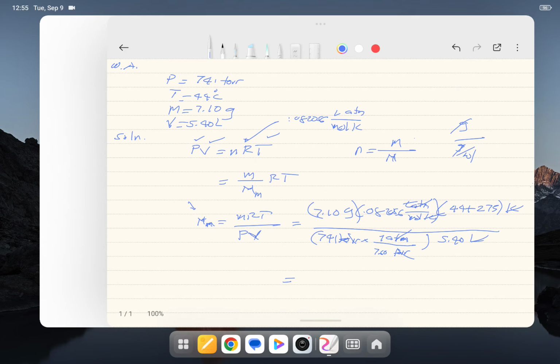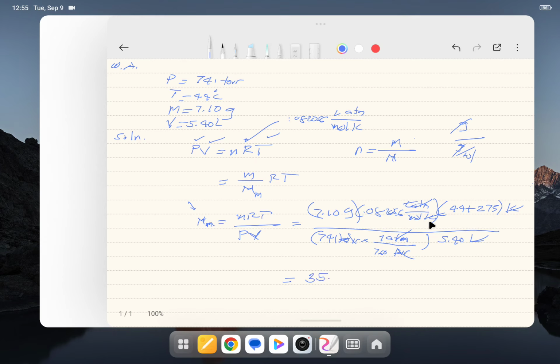Because it's a fraction of a fraction, you can multiply 760 at the top as a factor, and then voila, you have your molar mass to be 35.